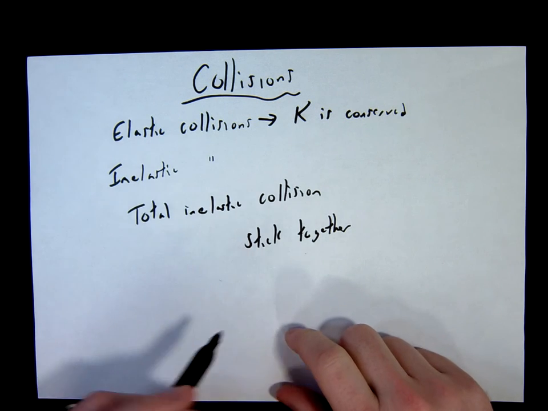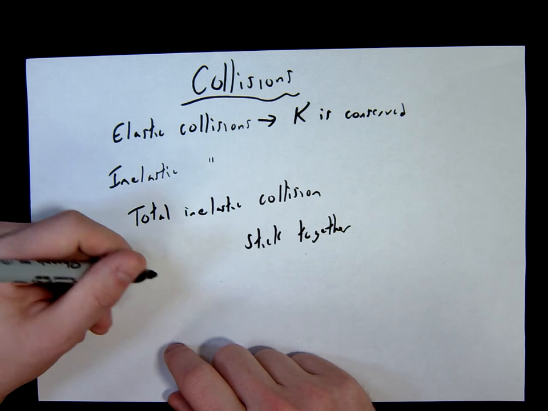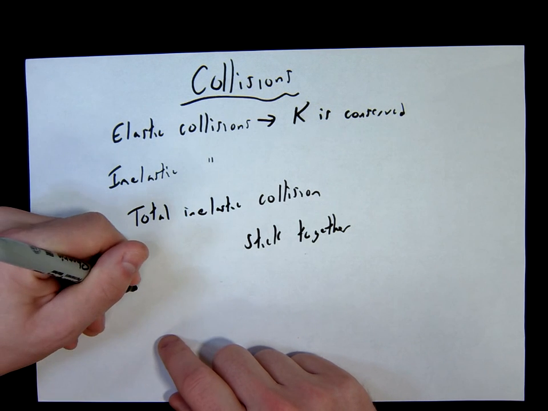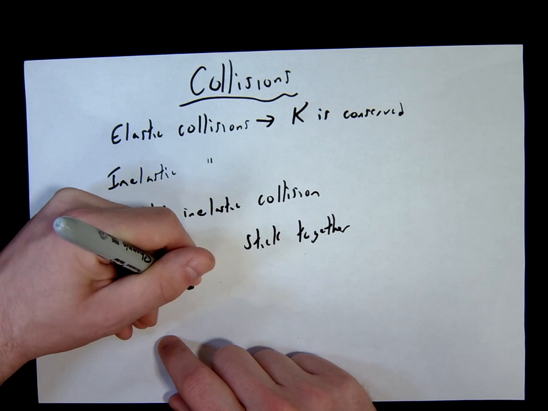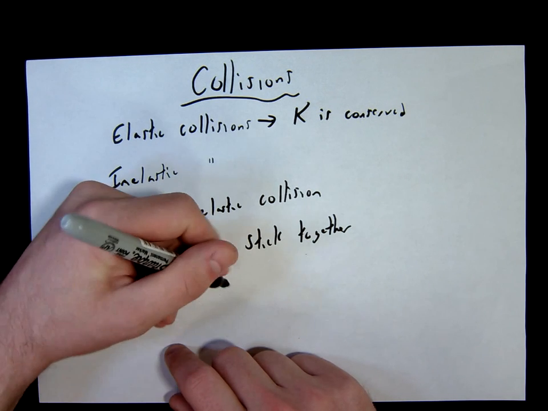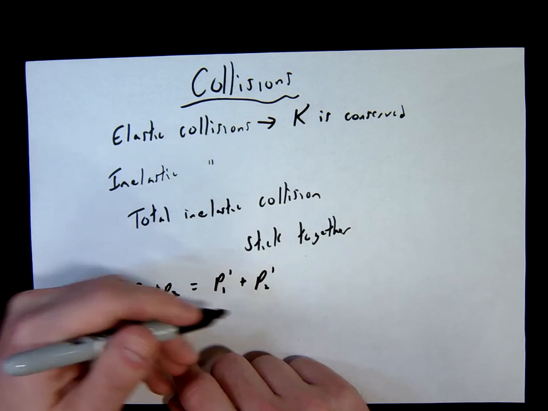You're going to have to deal with equations that look something like this. Let's say for two objects colliding, I know that P1 before plus P2 before, so these are two objects, have to equal the momentum after of both objects. And this is very true.